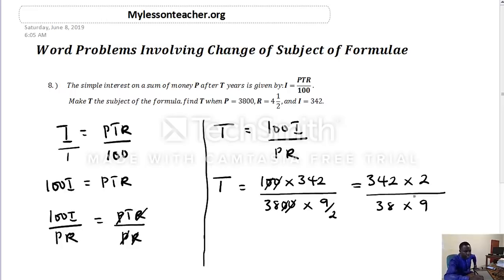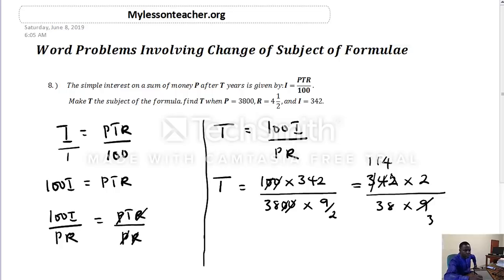You discover that 3 can go into 9, and 342 as the smallest factor that can divide. 3 into 9 is 3. 3 into itself is 1. 3 into 4 is 1 remainder 1. 3 into 12 is 4.